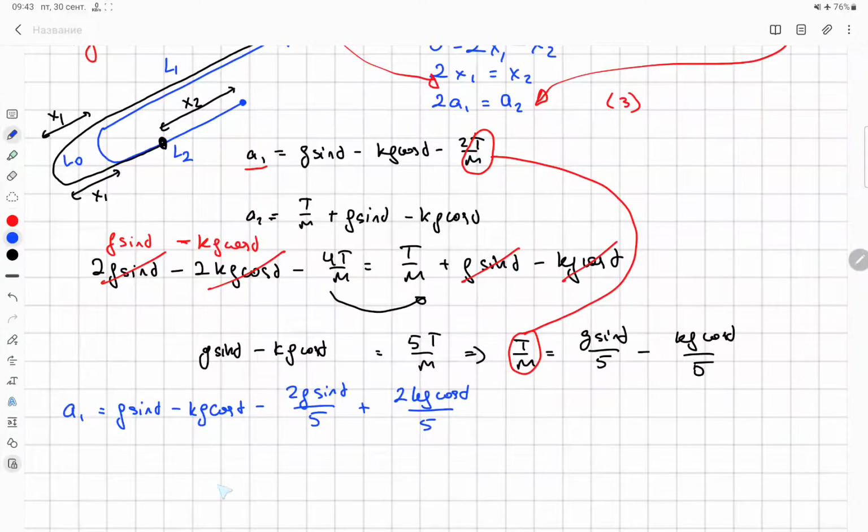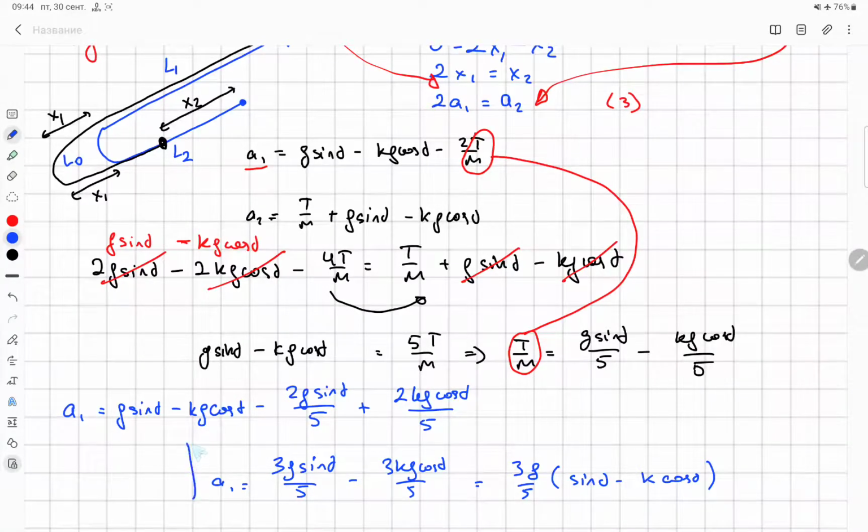So finally a1 equal to 3g sine alpha over 5, negative, yes, minus 3kg cosine alpha over 5, or we can say 3g over 5 times sine alpha minus k cosine alpha.